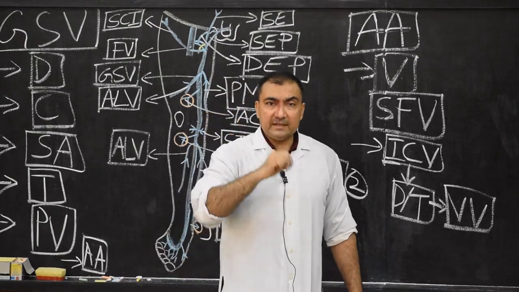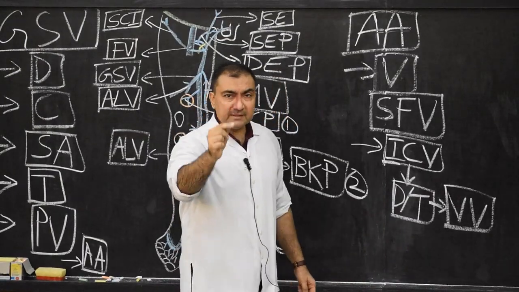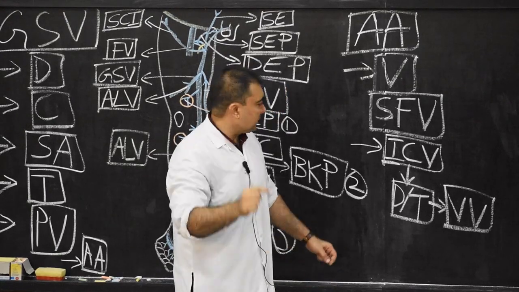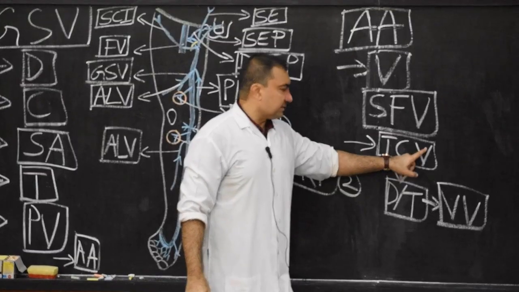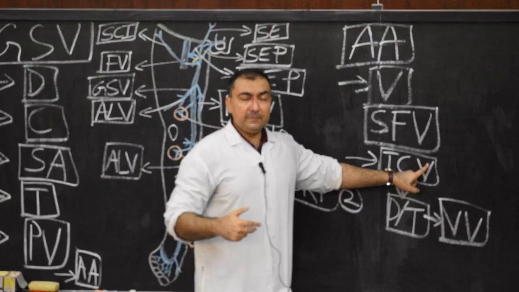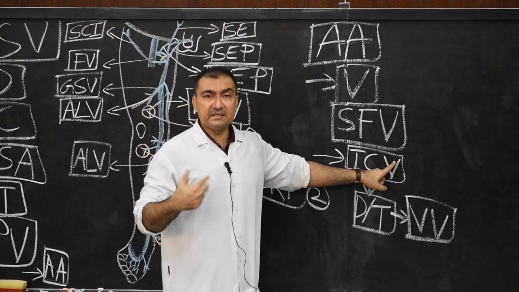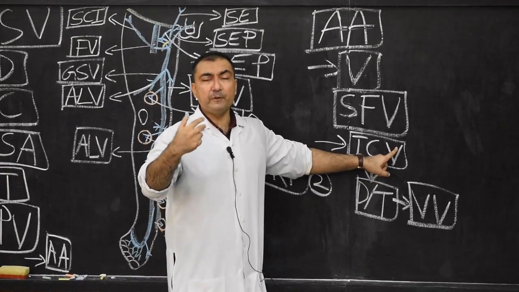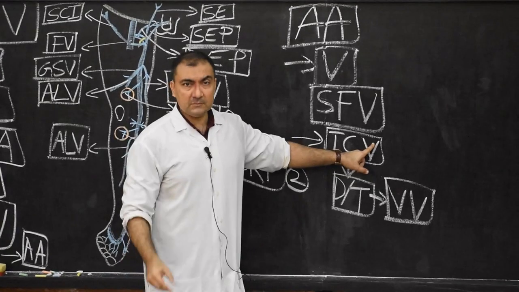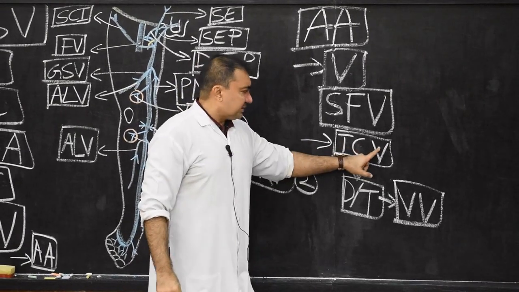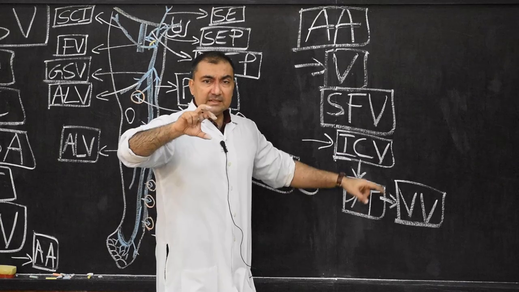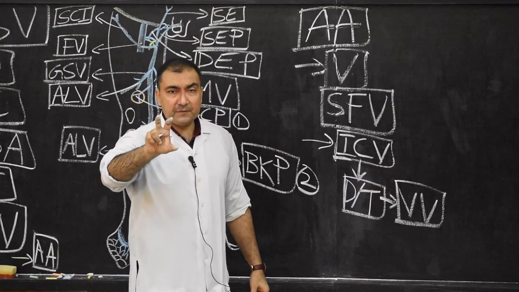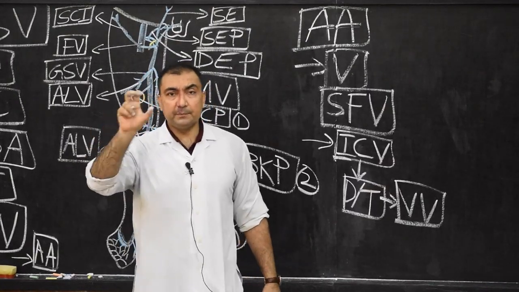Now, what are the reasons for this varicosity? Number one, the first and most important reason will be incompetency of valves. Second important reason will be increased intra-abdominal pressure, and third may be deep vein thrombosis. Now, incompetency of the valves can be either in the superficial veins or in the perforating veins.